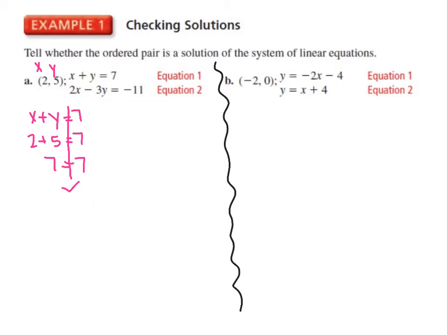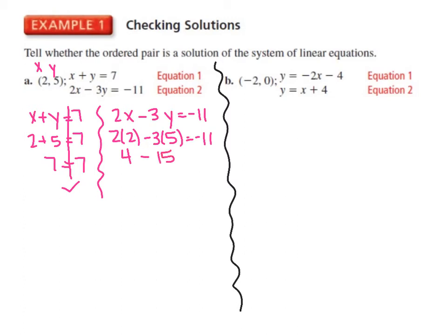Right? And if I check in my second equation, 2x minus 3y equals negative 11. If I put in 2 for x and 5 for y, then I have 2 times 2 minus 3 times 5 equals negative 11. And is that true or false? Well, 2 times 2 is 4, minus 3 times 5 is 15, and 4 minus 15 is negative 11.